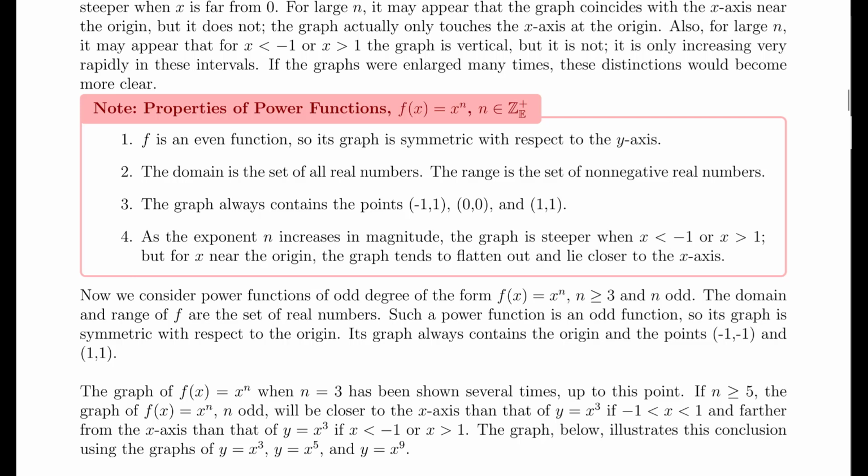Part 3, the graph will always contain the points (-1, 1), (0, 0), and (1, 1). As the exponent increases, the graph is steeper, but for x near the origin, the graph tends to flatten out and lie closer to the x-axis. We saw that with those 3 representations of x squared, x to the 4th, and x to the 8th.